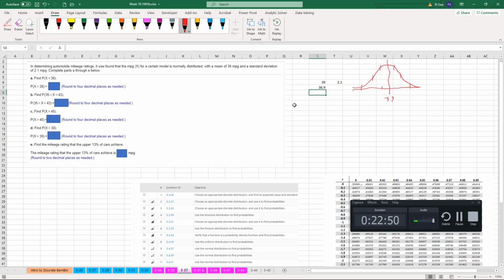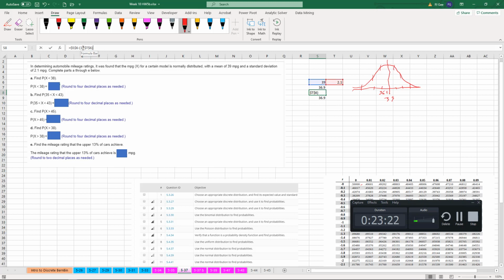You really want to know what these numbers are because you're dealing with real life problems here. So you don't want to get away from what's going on. Here's 36.9. Then we can F4 both of those, and when I copy it down, we should get the same answers, which we do.